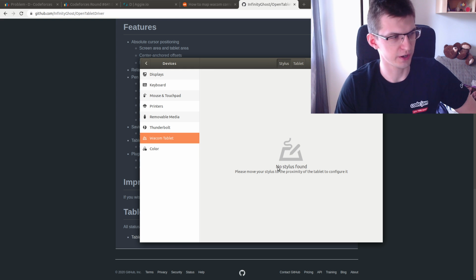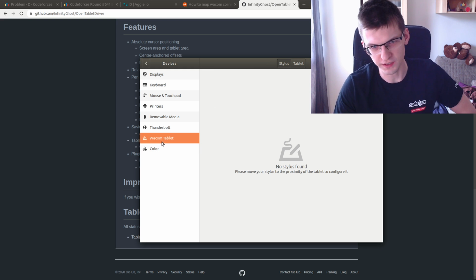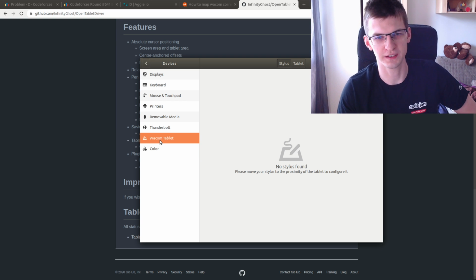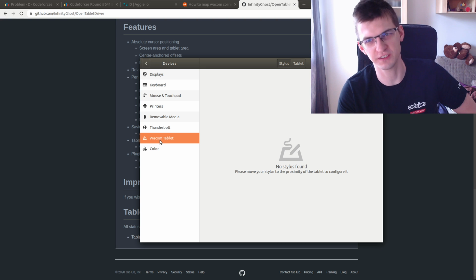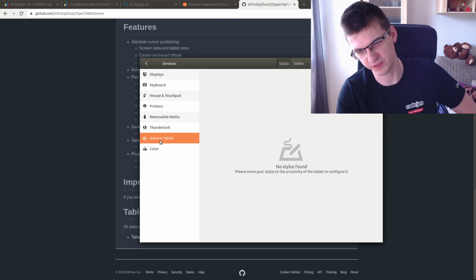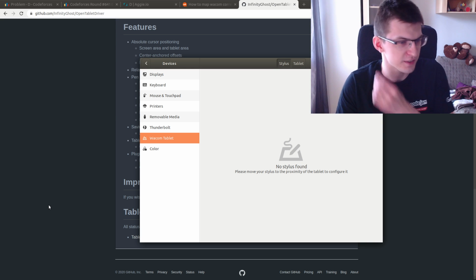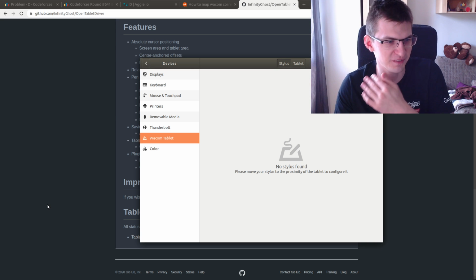Even though I have drivers installed, it understands that I can draw, but I cannot change anything in settings because my PC thinks there is no tablet. This is a hard Codeforces problem, maybe.